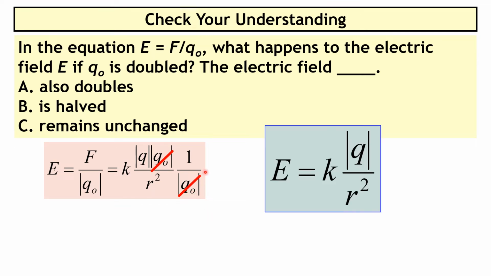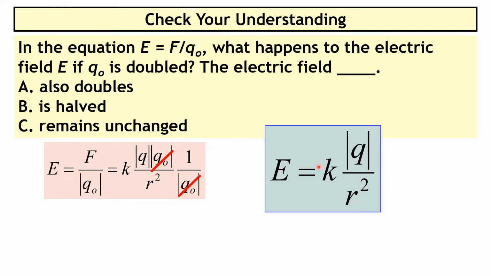Hence, we will come up simply with this formula for finding the electric field in terms of the center charge Q. The Q here without the subscript can also be represented by a big Q. Big Q or Q without the subscript is known as the center charge, divided by, of course, r squared.